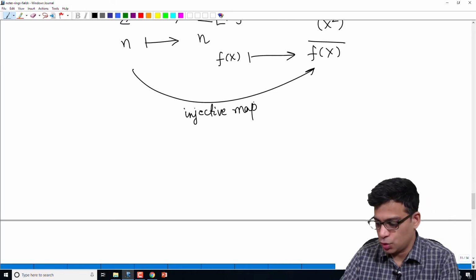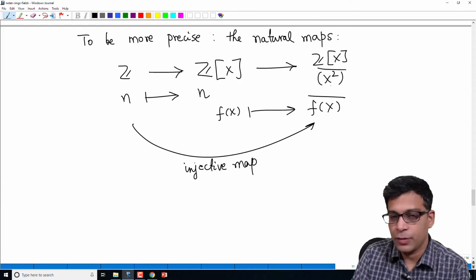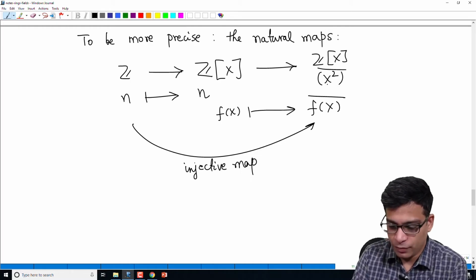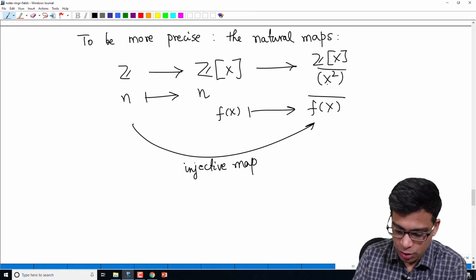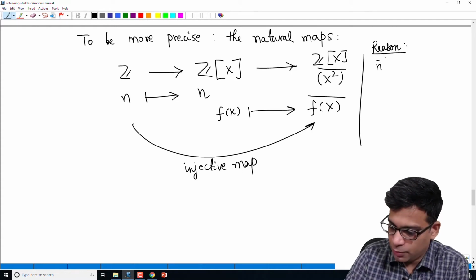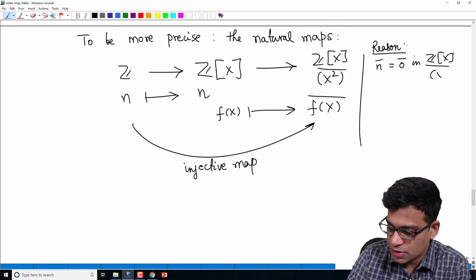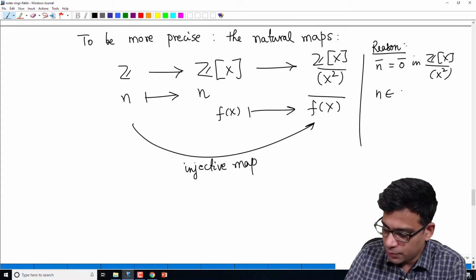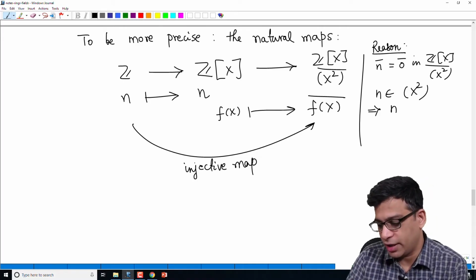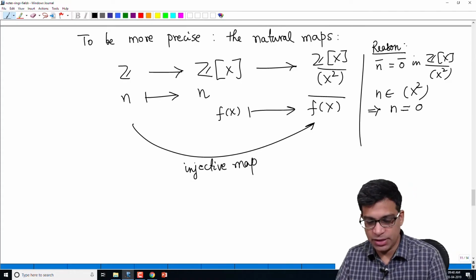It is injective because a non-zero integer is never inside the ideal (x squared). The reason is, if n bar is 0 bar in Z[x] mod (x squared), that means n is in the ideal generated by x squared, but the only integer in the ideal generated by x squared is 0. So the kernel is 0, which means it's an injective map.